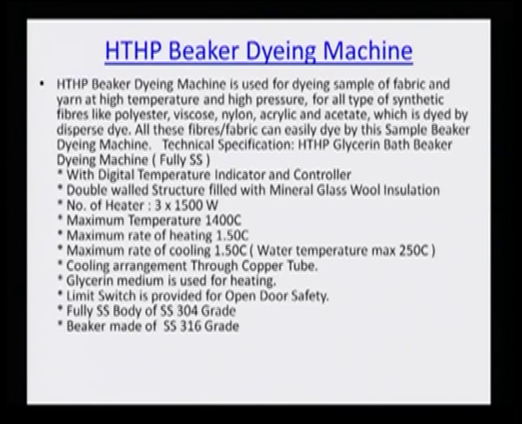The maximum temperature that can be attained is 140 degrees centigrade. The maximum rate of heating is 1.5 degrees per minute, and the maximum cooling rate is also 1.5 degrees per minute. Water temperature maximum goes to 250 degrees. Cooling arrangement is through copper tube.